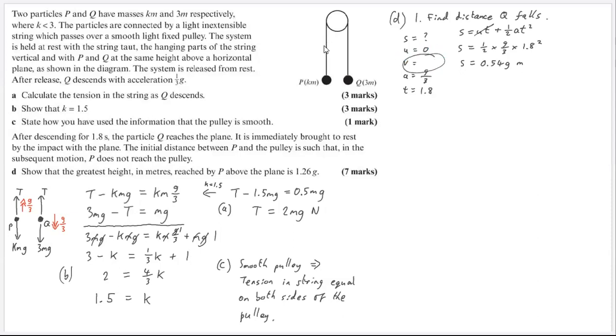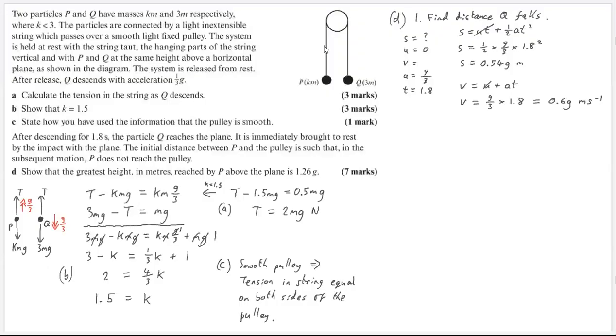For that, we can use V equals U plus AT. Again, U is 0, so it's quite easy. We get V equals A, which is G over 3, times T, which is 1.8, which is just going to be 0.6 G meters per second.